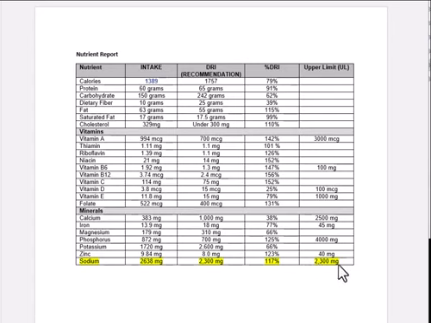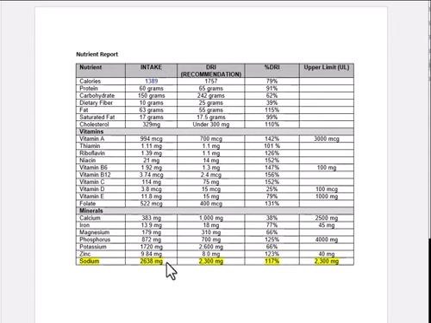But here's the interesting part about sodium. The upper limit is the same as the DRI recommendation. So in other words, it's like cholesterol in that the DRI recommendation is under. You should consume less than this. They are the same. So in this case, consuming 100% is not a good thing.